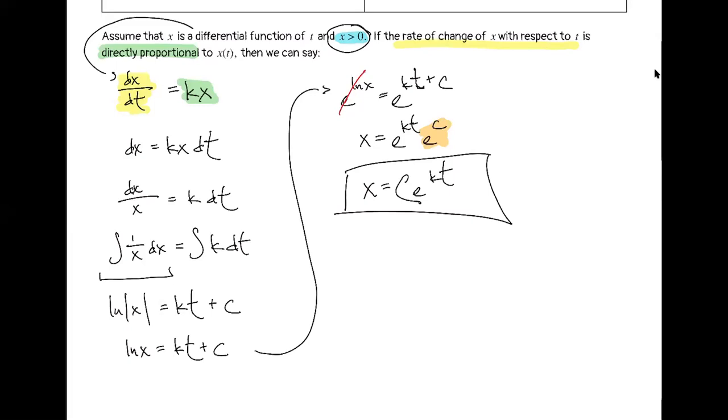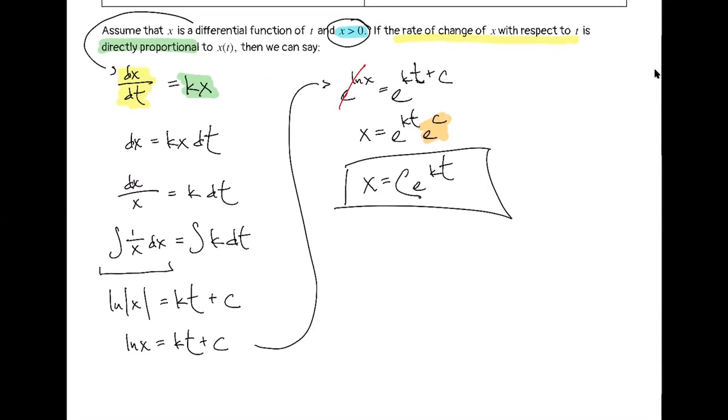When we work in real world scenarios, especially if we're thinking about population, we don't really have negative population. The population has to be greater than 0. And so when we're applying it to a real world context, we can make some of these assumptions, and therefore it makes our equation a little bit simpler. Okay? All right. So here's the deal.